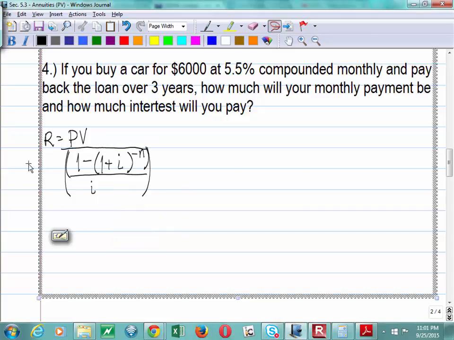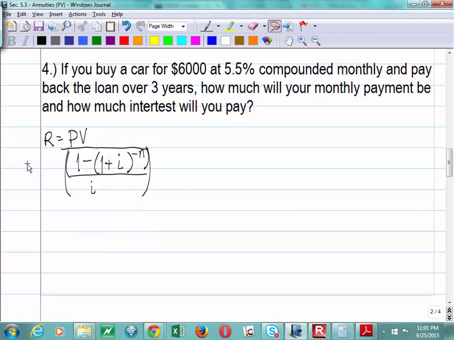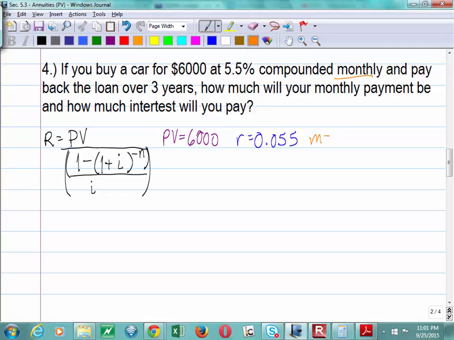Alright, so that's basically the formula we're going to be using. So in this case, we've got the present value is 6,000. Little r is 0.055. It's monthly, so M is 12, and 3 years, T is 3. Alright, so we want to calculate for R.